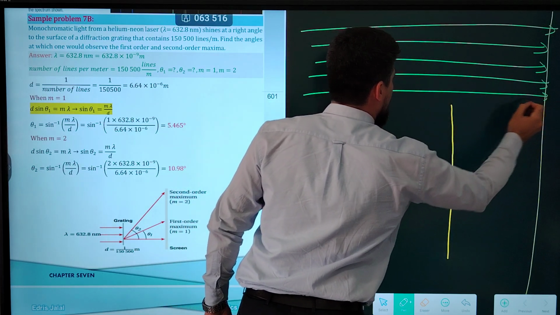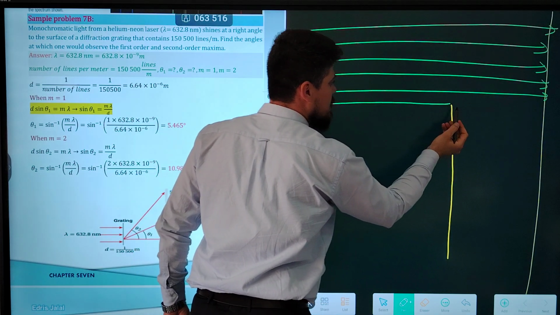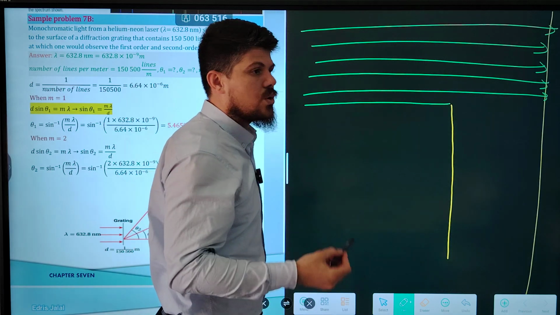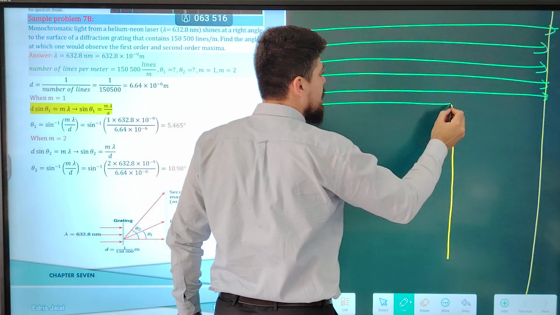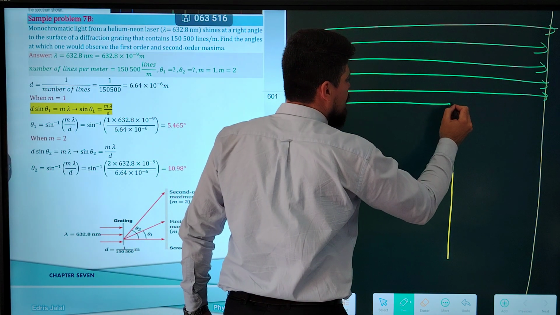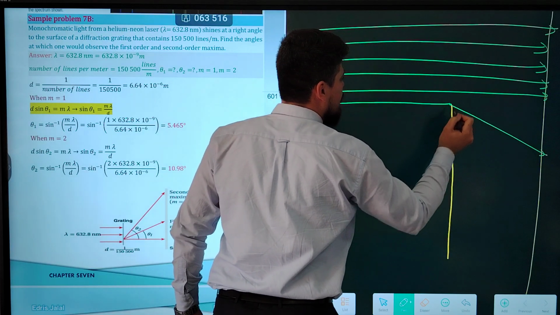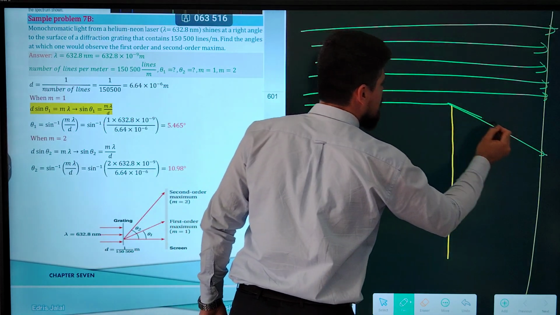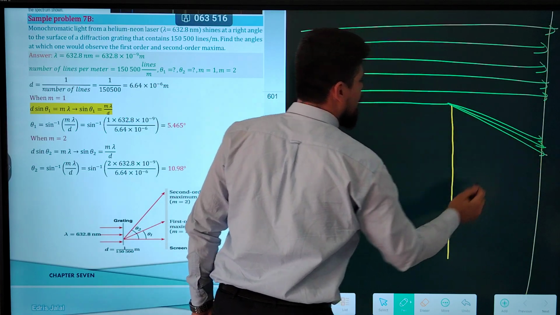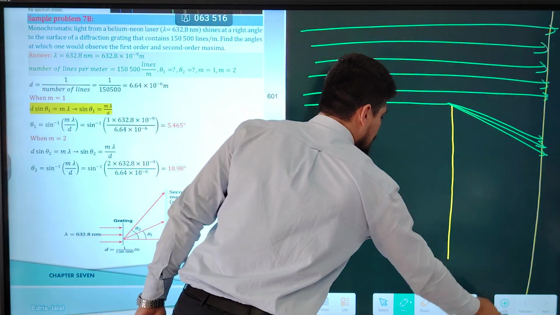But when the light hits this sharp edge or the small opening, what happens to the light? The light does not move in a straight line, and instead it is going to be diffracted. This is the diffraction of the light.